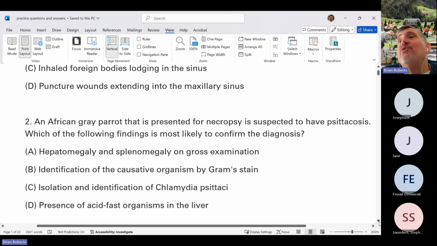Yes, it does narrow down the diagnosis to the liver, but most acid-fast organisms are atypical mycobacteria, or even certain types of fungi are acid-fast. But again, it doesn't give you a definitive diagnosis. So the only one that does is C. So I hope that makes sense.